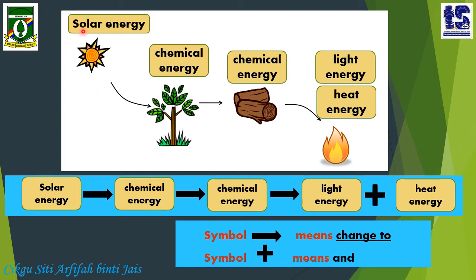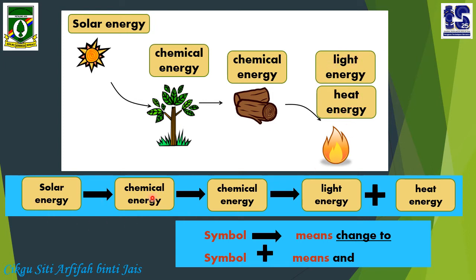So, the solar energy from the sun is transformed into chemical energy stored in the parts of the plant, for example, in the log. If we burn the log, which becomes firewood, the chemical energy is transformed into heat energy and light energy. These two types of energy are produced at one time.